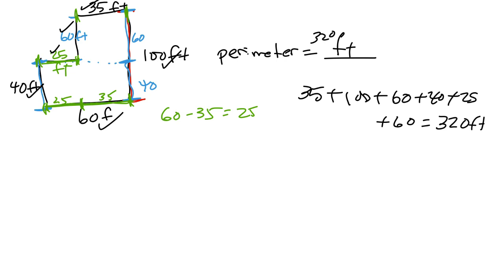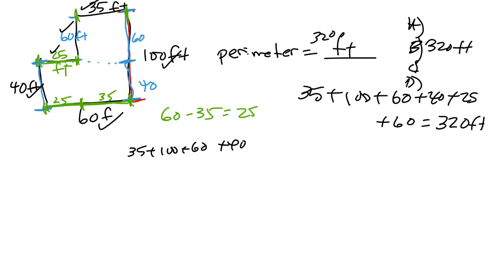One of their answer choices is going to be 320 feet, but another one of the answer choices is going to be 35 plus 100 plus 60 plus 40, which is 235. They're going to see if you just add up these sides and ignore these two sides. That'll be an answer choice.